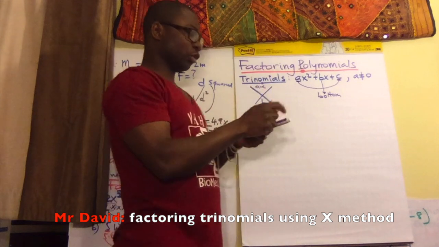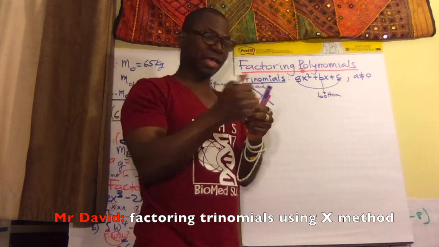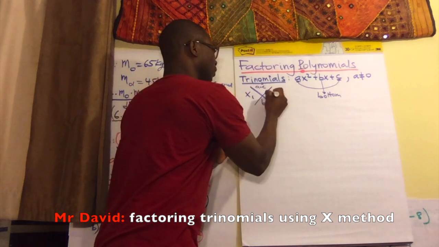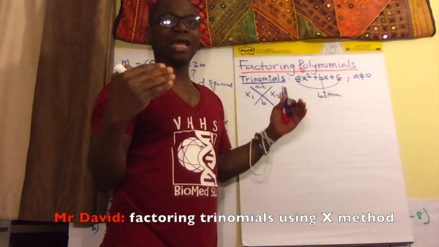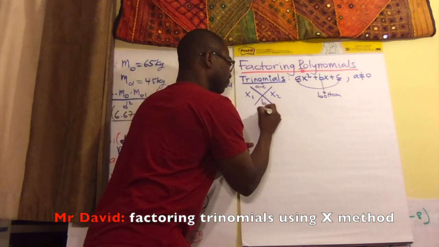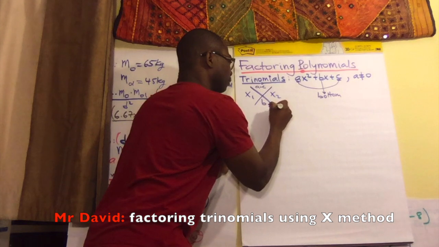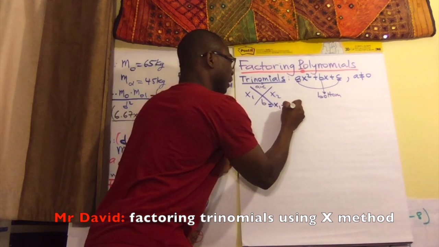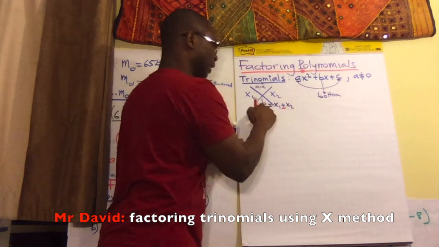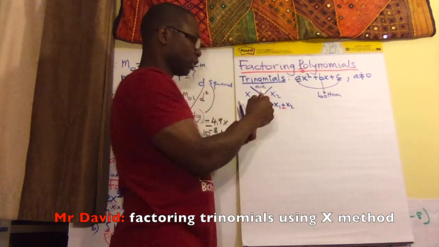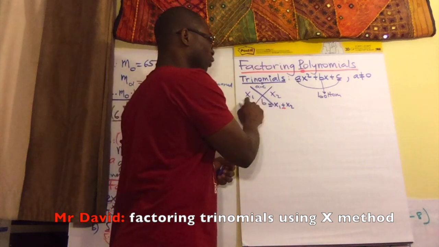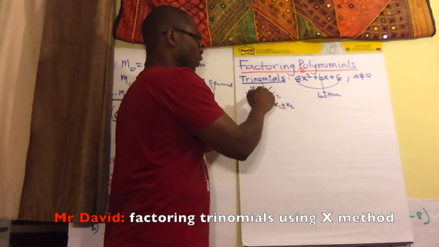Now what do we do? We have to find two numbers, x1 and x2, so that when we add them up or when we subtract them, it gives us b. But at the same time, they also have to multiply to give us what is on top.